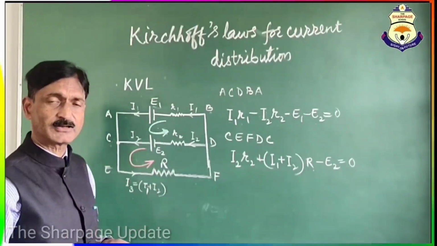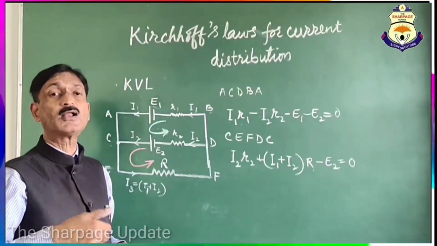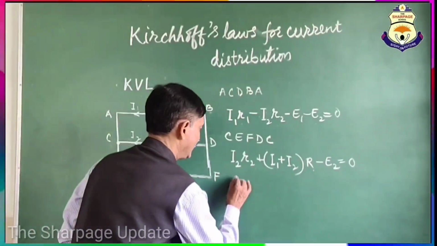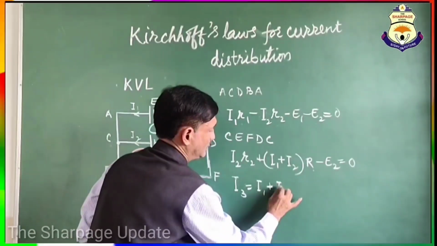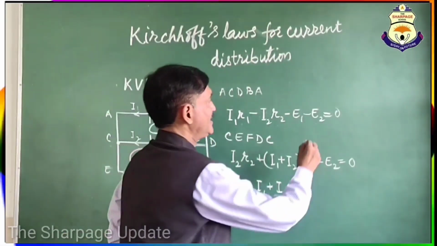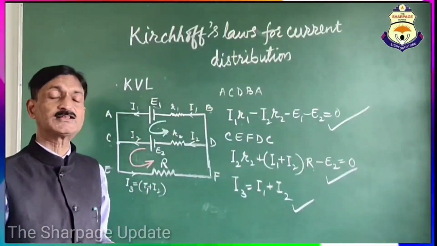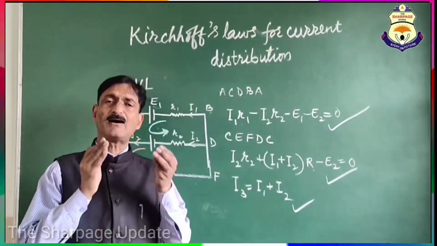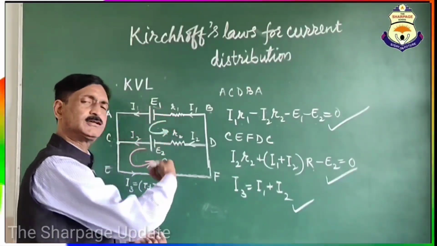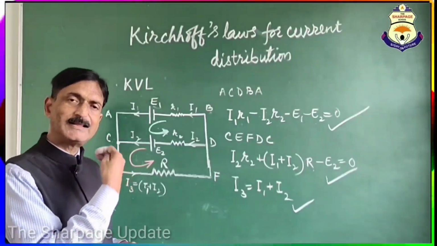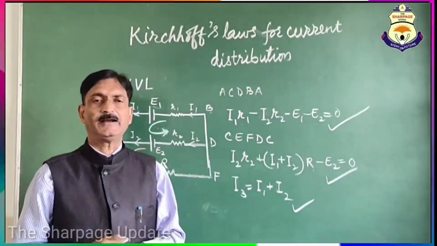According to Kirchhoff's current law, the sum of all incoming current is equal to the sum of all outgoing current. So I3 equals I1 plus I2. Now by these equations, we can find the value of current distribution in each conductor, or in each branch of this electrical circuit.